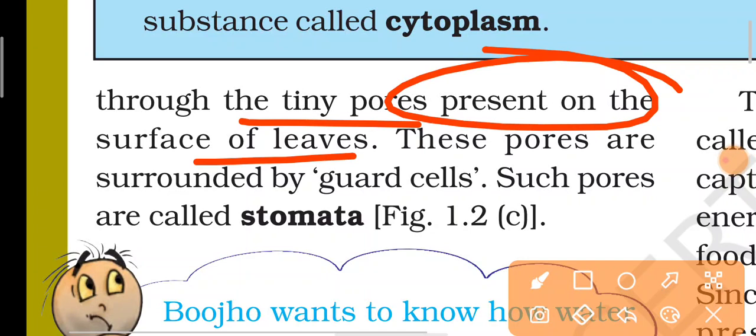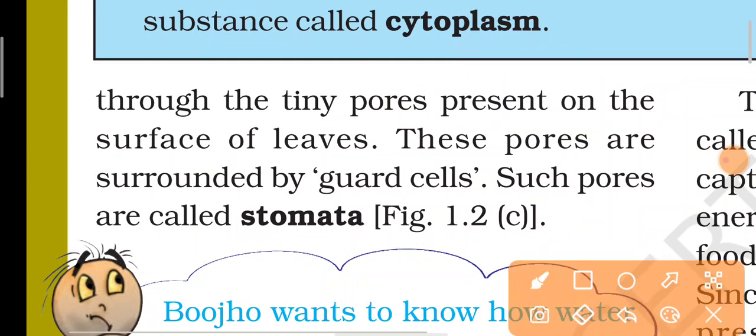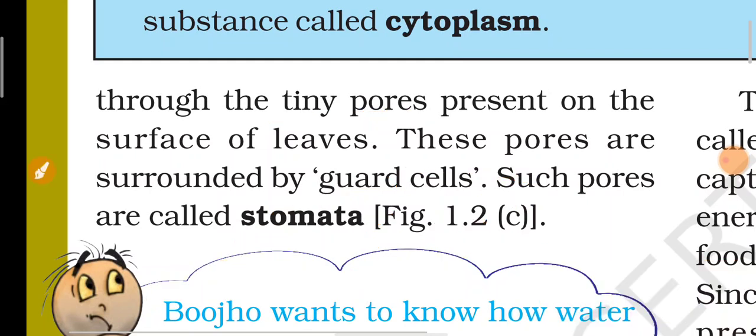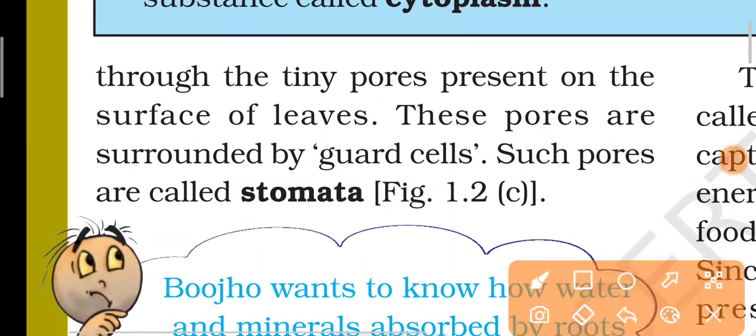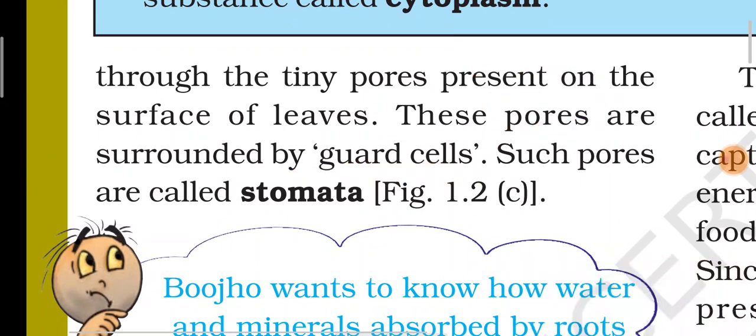These tiny pores, which are called stomata, are surrounded by guard cells, okay?